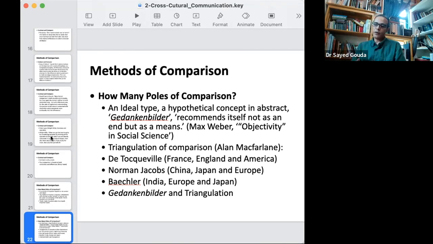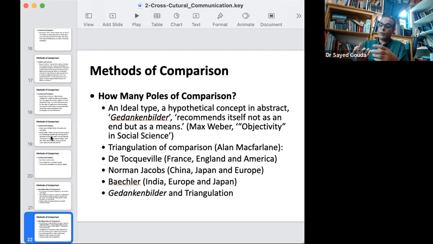Like if you compare between China and America, on any topic you select, then your study would be more interesting if you add Japan as well.